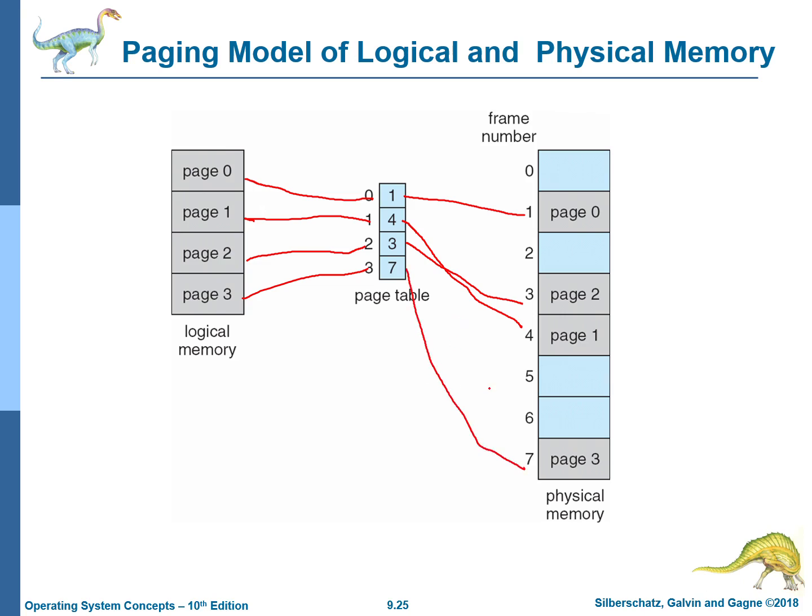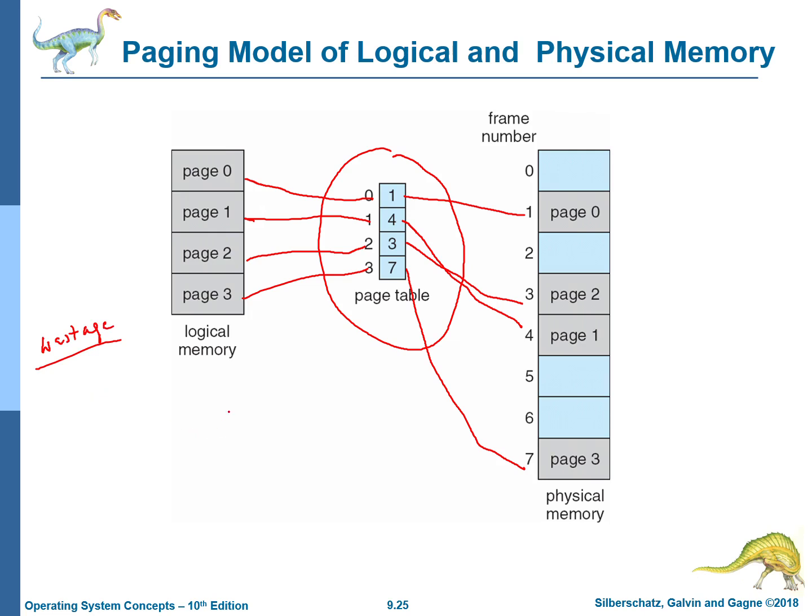So this is how memory management using paging is done. Now in this type of memory management, we also have wastage like fragmentation. Internal fragmentation is still there.